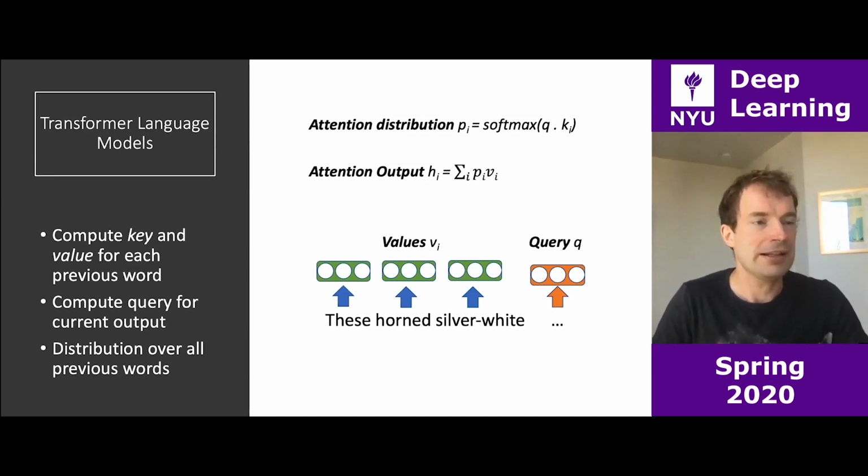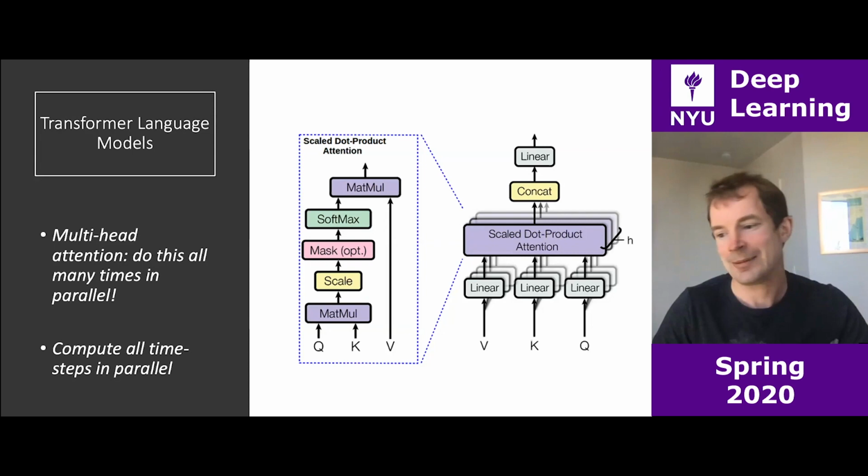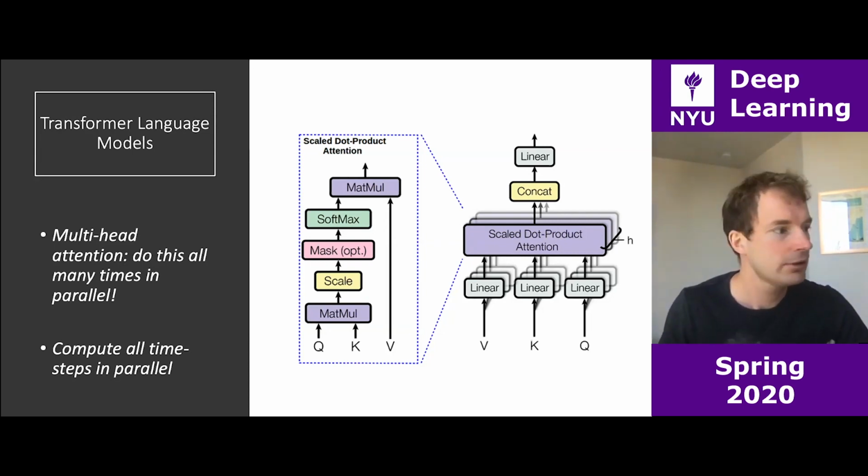So here, this hidden state is going to be a weighted sum of the values of all the previous words, weighted by the probability of that word. So that's basically what's going on in the left side of this figure here. I left out this detail about the scaling. That's just a hack to make the gradients more stable.